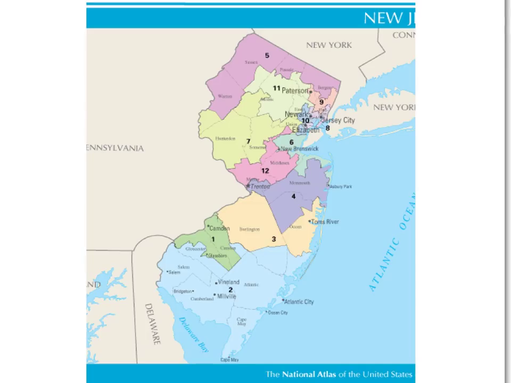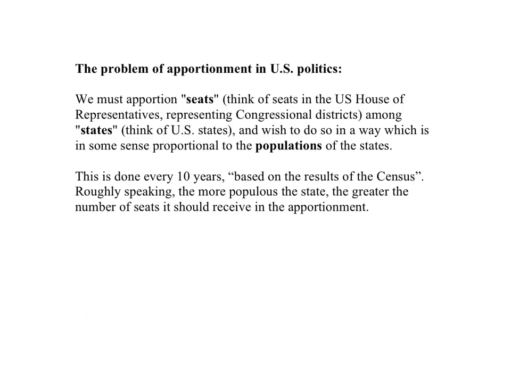Now, where did the number 12 come from? Why is the last district number 12? Ah, that is the output of a computation using a certain apportionment method, and we will understand how that method works.